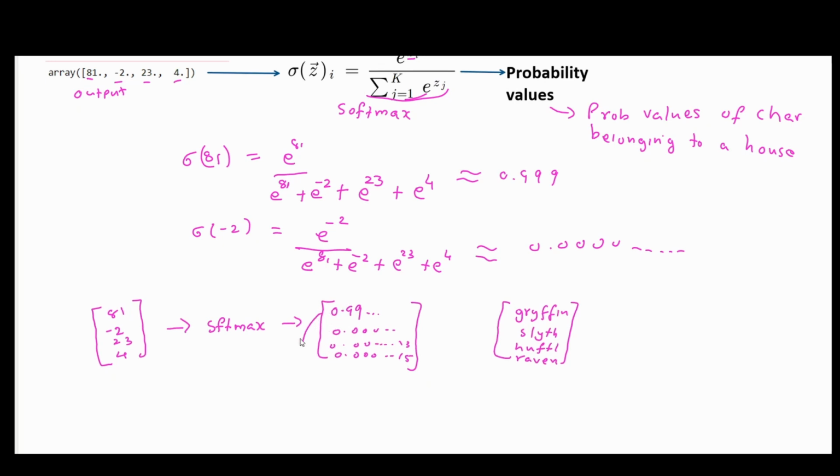In this case, it is the first value, or the 0th index when you think about it in Python terms. So you go to the predefined classes and fetch the value at index 0, and it gives you the output Gryffindor.